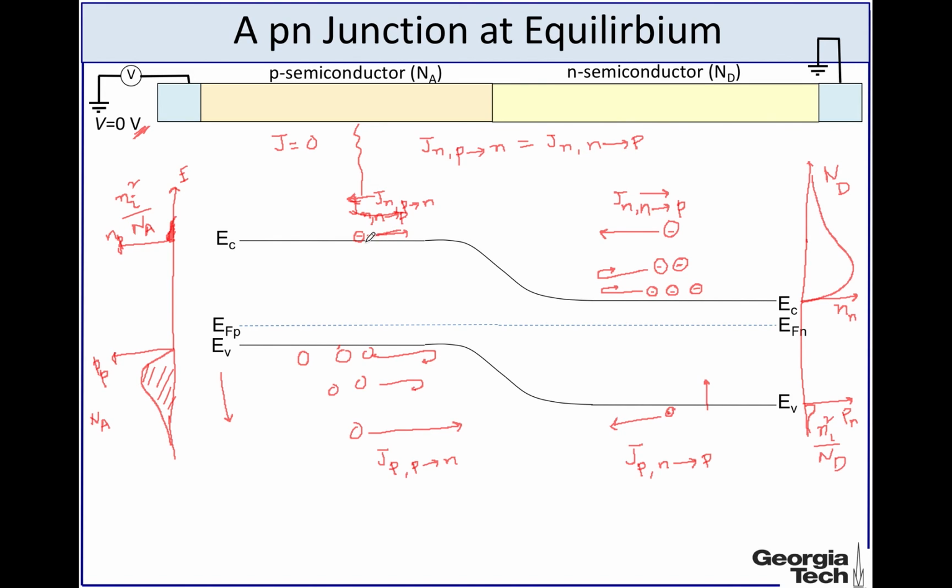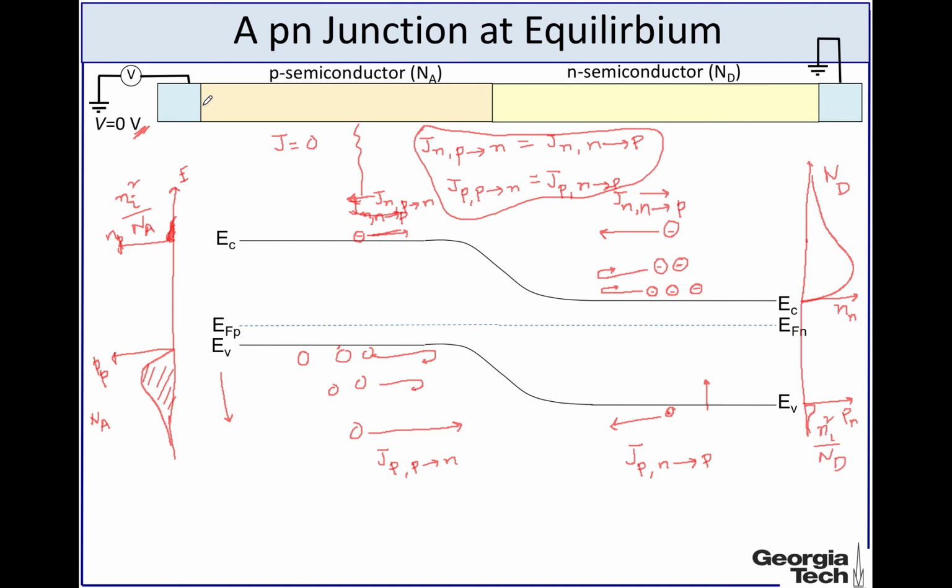Basically the current from electrons that move from n side to p side is equal to the current from electrons that move from p side to n side, and similarly for the holes, Jp p to n equals Jp n to p. So this essentially ensures that there is no current that flows when you don't have any voltage applied across the p-n junction.